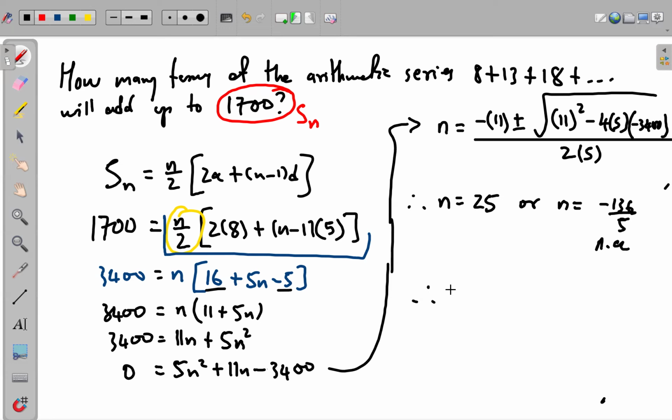Therefore the sum of the first 25 terms is 1,700, or if you like to answer this fully, there are 25 terms. That will be the applicable answer. All right, all good?